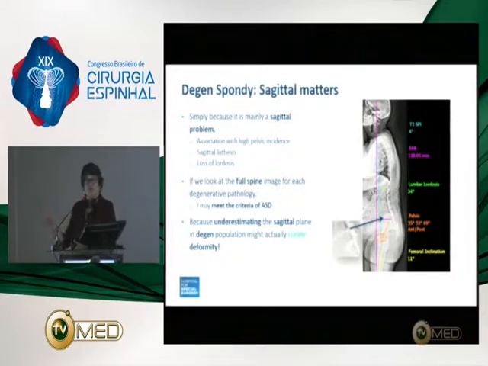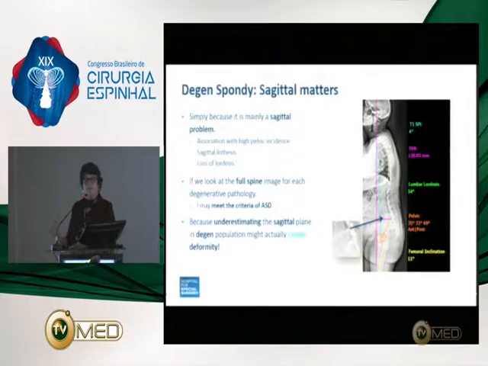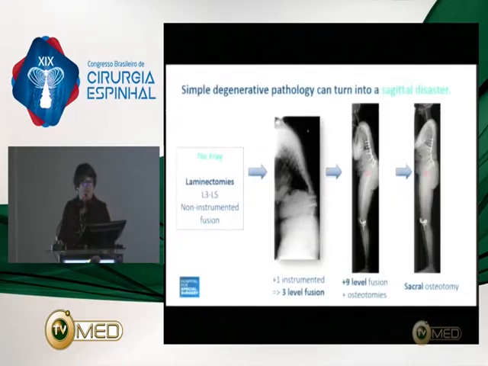But once you plug in the numbers, it's an SVA of 13 centimeters, pelvic tilt of 30 degrees, a mismatch in lumbar lordosis versus pelvic incidence of 30 degrees. So this is a severe deformity according to the SRS criteria. It doesn't mean that you need to do a T2 to pelvis fusion, of course. But this is a purely sagittal plane problem.